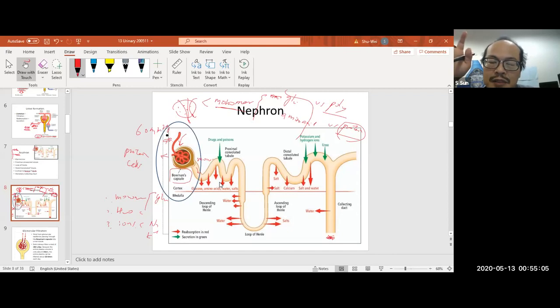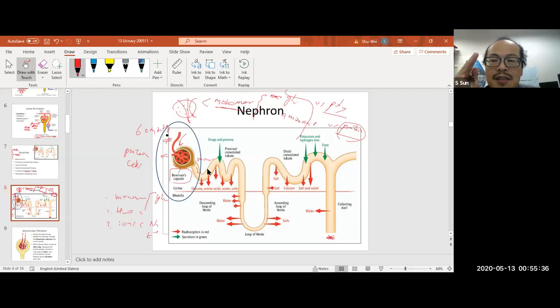The concept is that the proximal does the most job. Almost everything that needs to be reabsorbed is in the proximal. Everything good is in the proximal. So the remaining part is just small modulation of what's left. In the early segments, the proximal has done all the job.